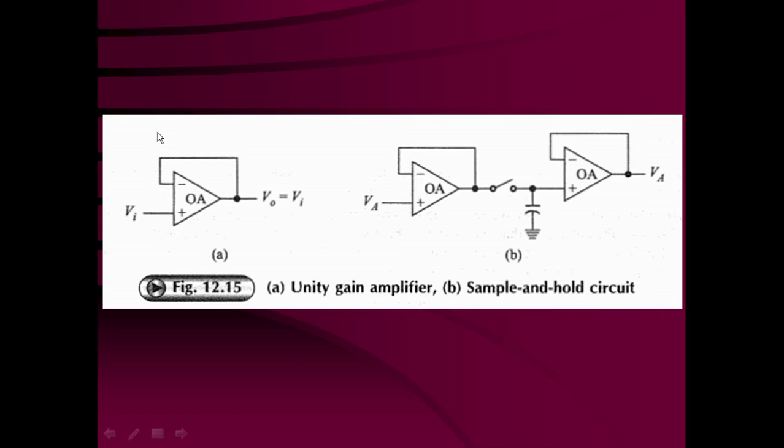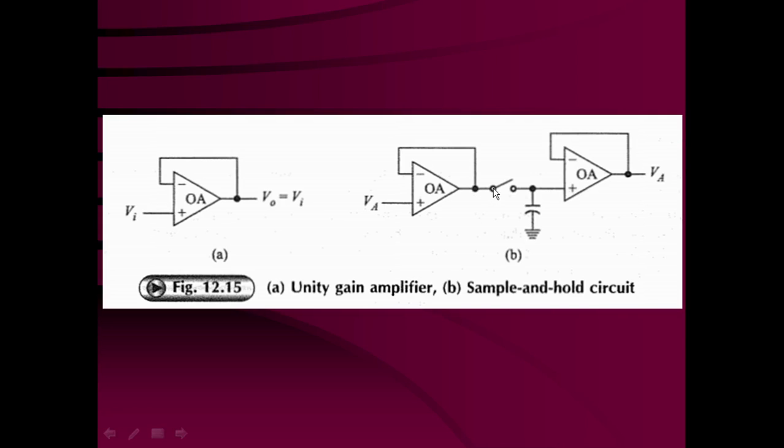So this is the unity gain non-inverting voltage amplifier, V0 is equal to Vi. The input, that means the output from the multiplexer VA1, may be given to the non-inverting terminal plus. So this voltage output is the same as the input.